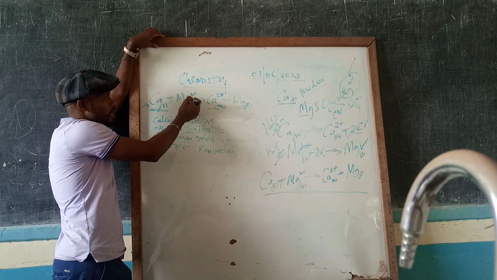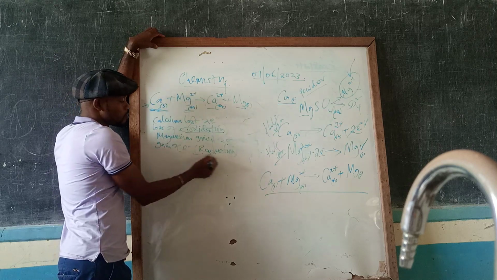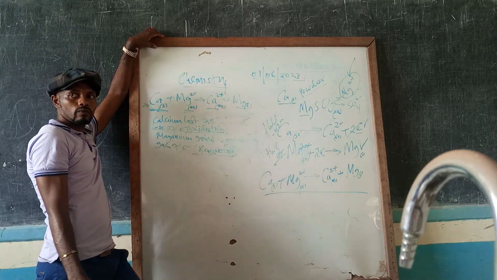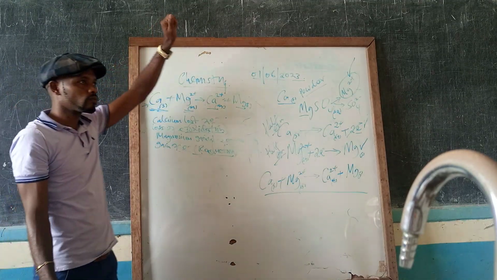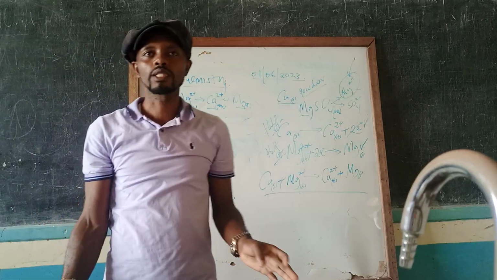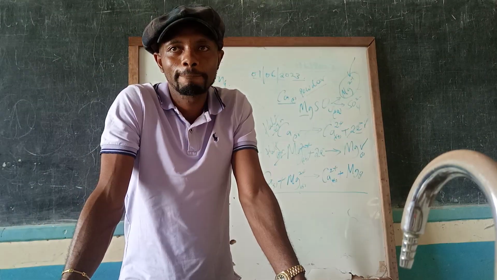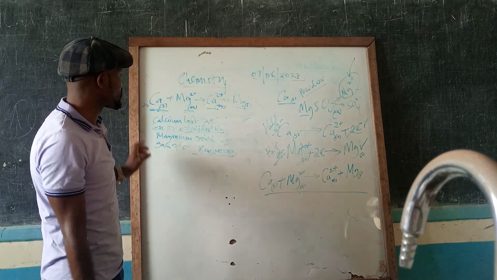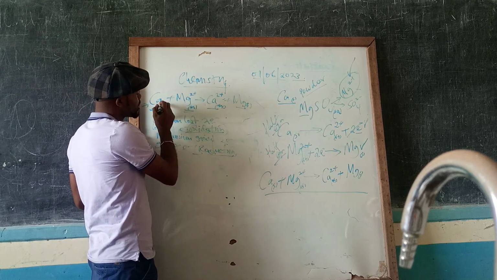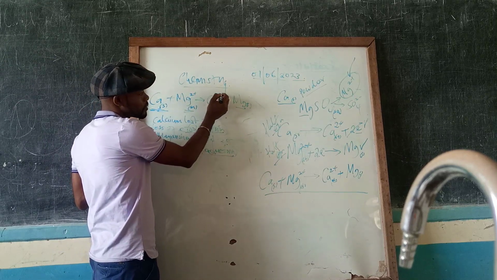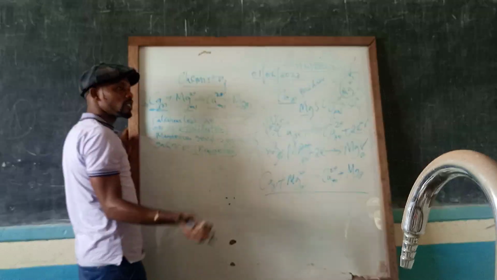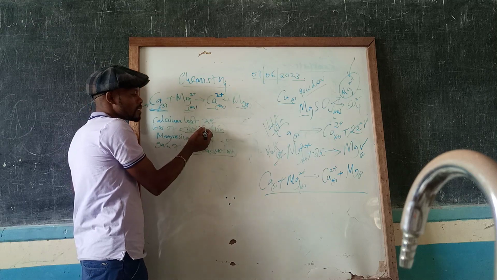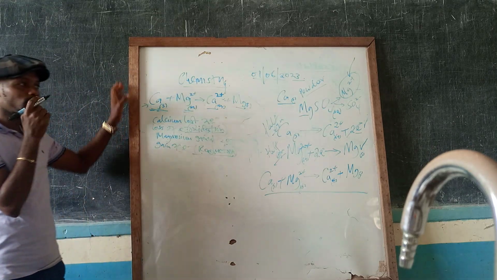So the gain of electrons by magnesium shows the state of reduction, okay? But it itself, it becomes what? Oxidizing agent. Okay, I don't want you to be confused. If we look at calcium here, it has lost electrons, and loss of electrons is oxidation. So is calcium an oxidizing agent or reducing agent?